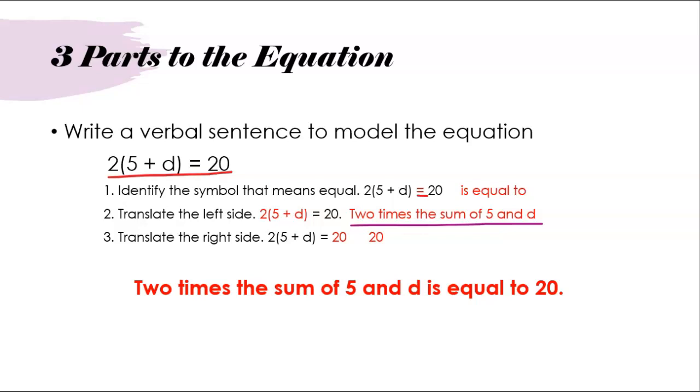We just write the number 20. So then down here in words, 2 times the sum of 5 and d is equal to 20. So it's the same basic steps as going from a verbal sentence to a numerical sentence.